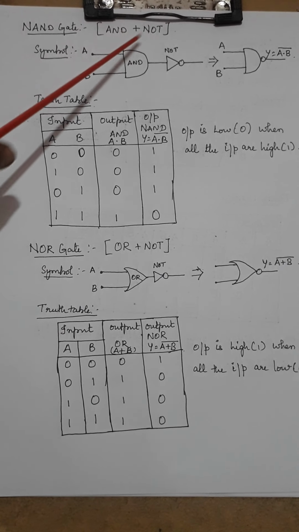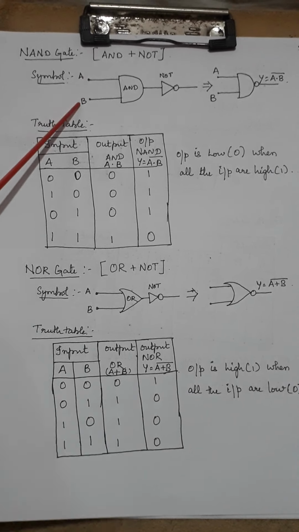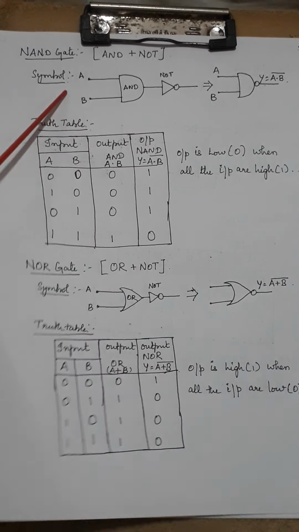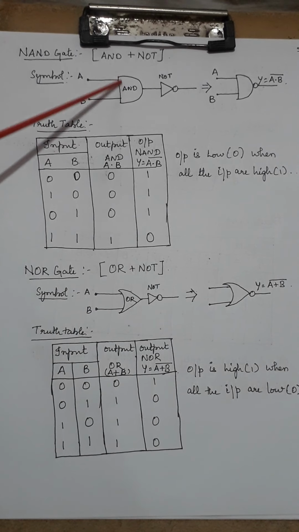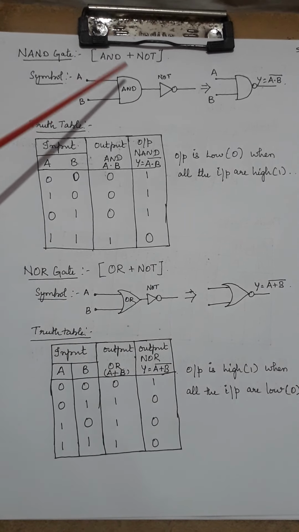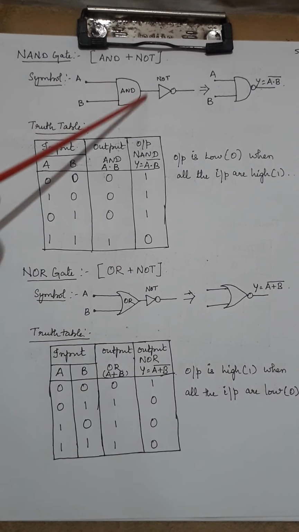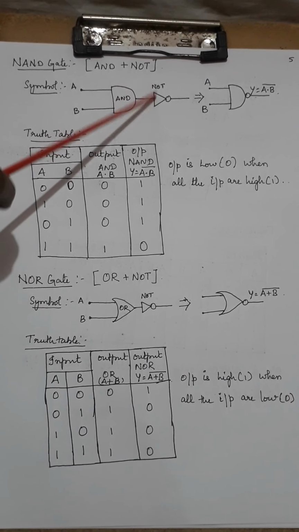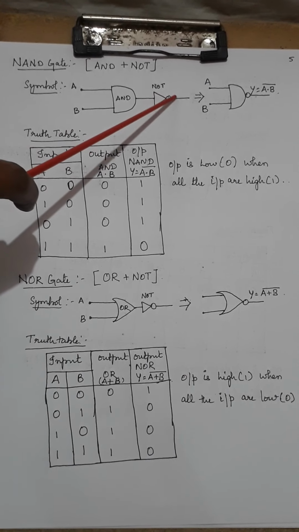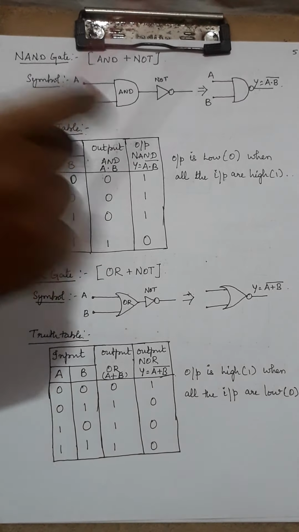But how it is formed is that it is also going to have two inputs and one output. So here you have an AND gate, with two inputs given to AND. That output is taken as an input for the next NOT gate, and then that output is taken as the net output.